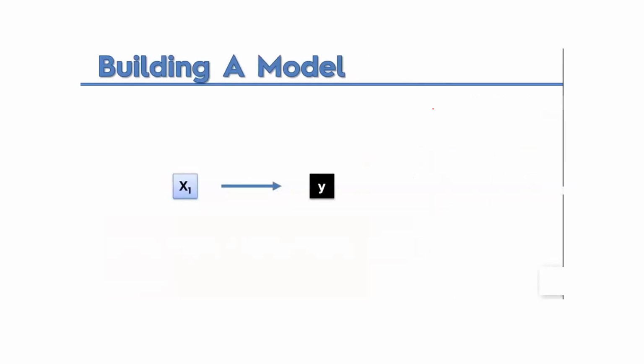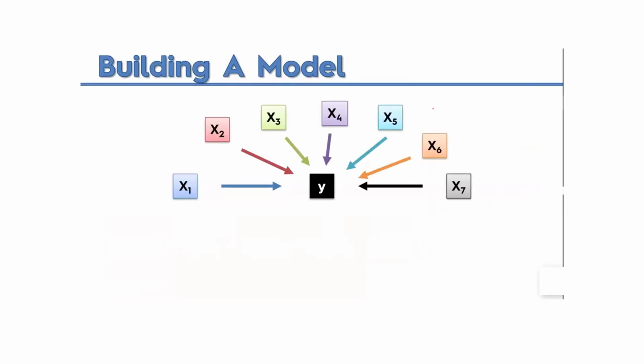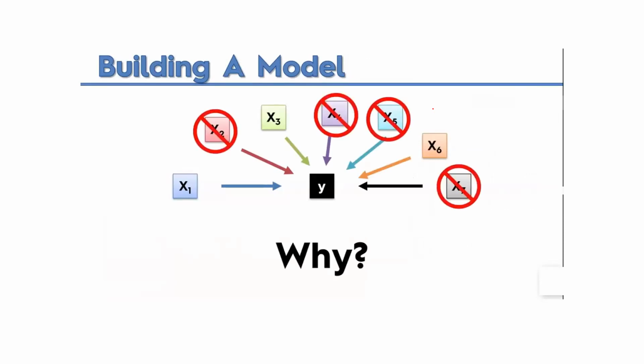So building a model is generally, Y is the dependent variable, X is independent variable. You may have many other variables. What is important is understanding which variable is important. The sales of a coffee shop may depend on the temperature, may depend on if there's a game in a nearby stadium, because if there is a game in a nearby stadium, a lot of people are passing by, and before they get into the stadium, maybe they like to have a coffee, and as a result of that, the coffee sales may increase.